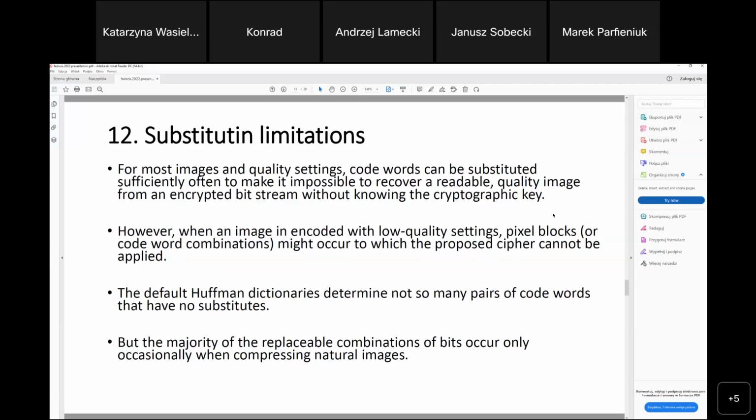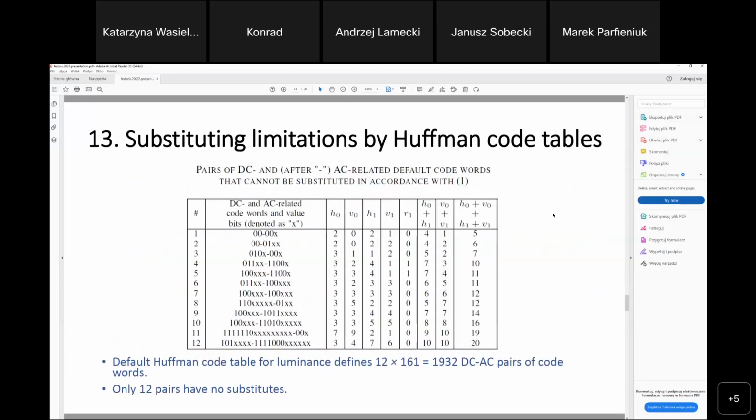The default Huffman dictionaries, code tables, determine not so many such pairs of code words that have no substitutes in accordance with my approach, but in many natural images, only a small subset of replaceable combinations of bits occur in the related bitstreams.